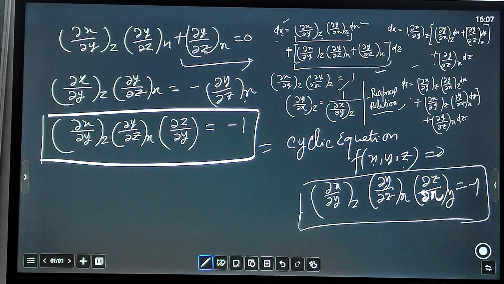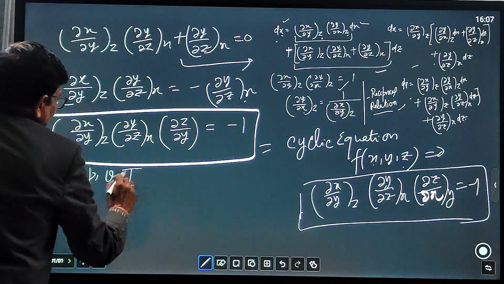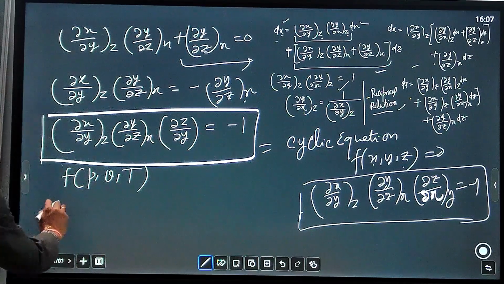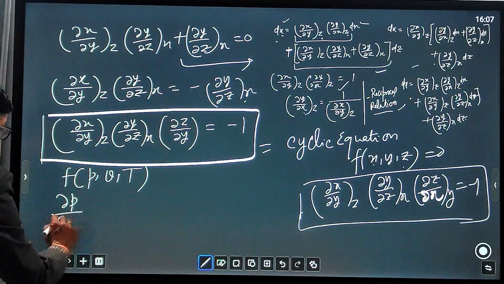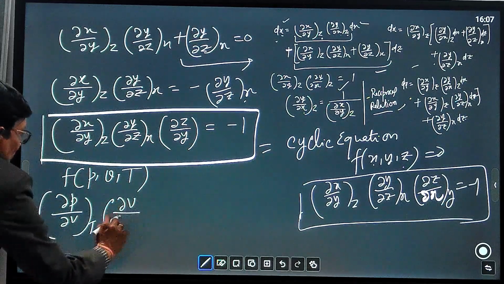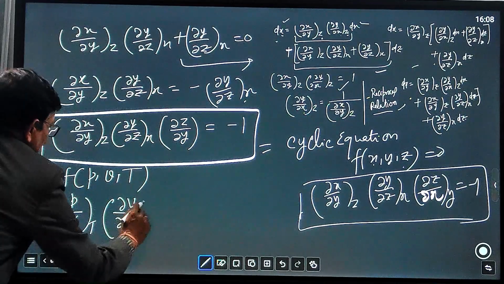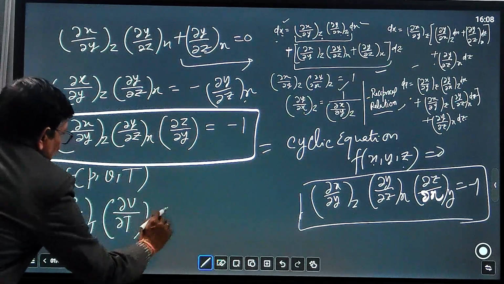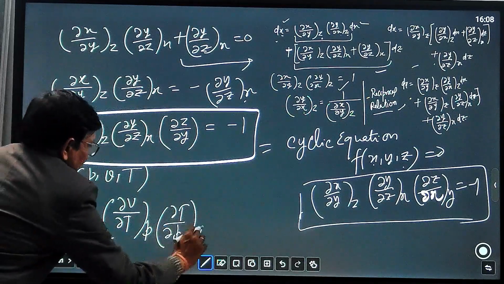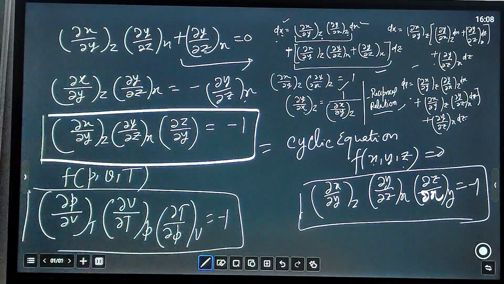Suppose we take P, V and T. In this equation, we can write the cyclic equation taking (∂P/∂V) at constant T, (∂V/∂T) at constant P and (∂T/∂P) at constant V equals minus 1. So this is a cyclic relation among three.